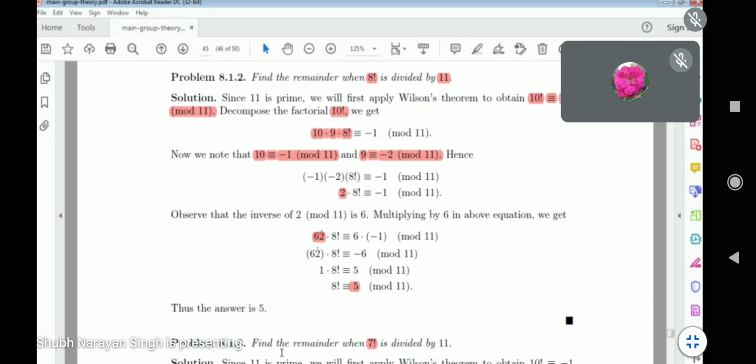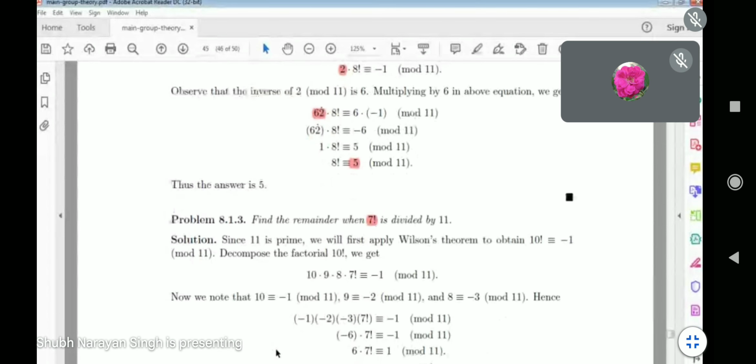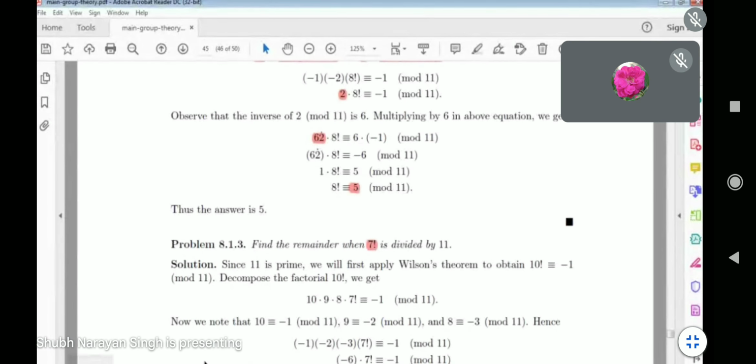Please again try to find the remainder manually. Sir, 2. I think we will get 2.